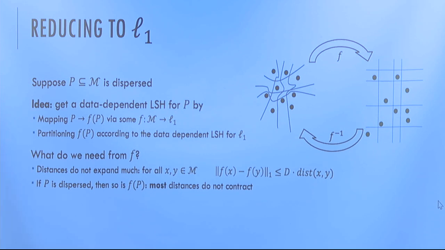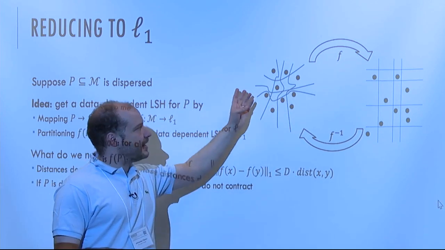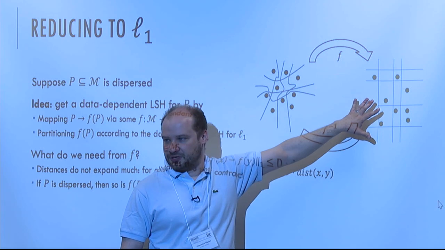So what do we need? For data-dependent LSH, one thing I need is that points that are close have good probability of colliding. Let's take two points that are close in the original space. I now embed them with f, and I partition after the embedding.